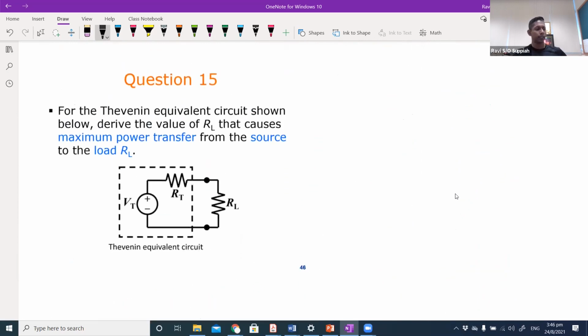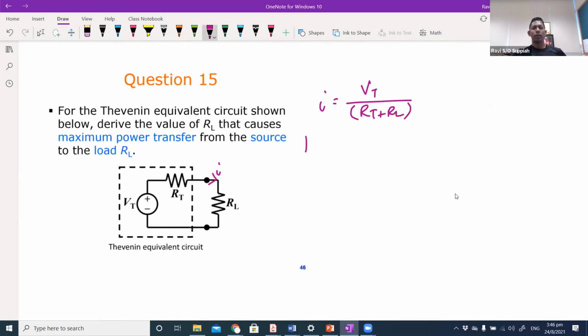All right. So we can see that in this Thevenin equivalent circuit, the current I can be written as Vt over RT plus RL.